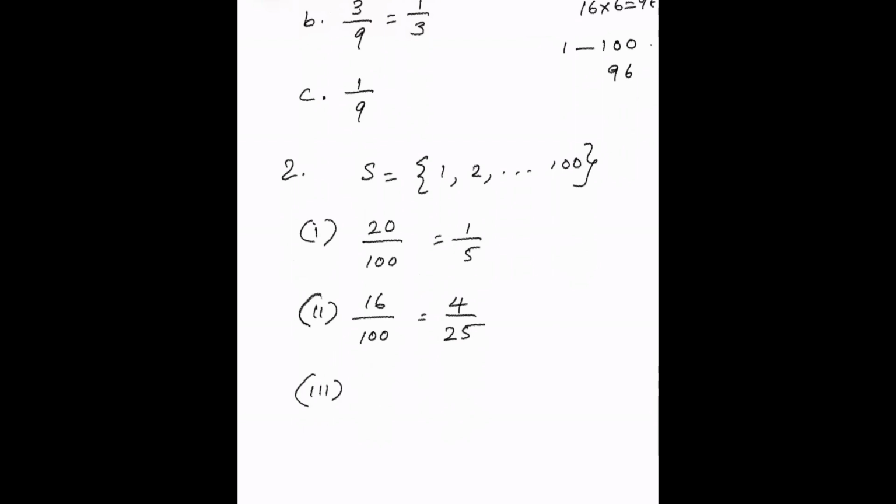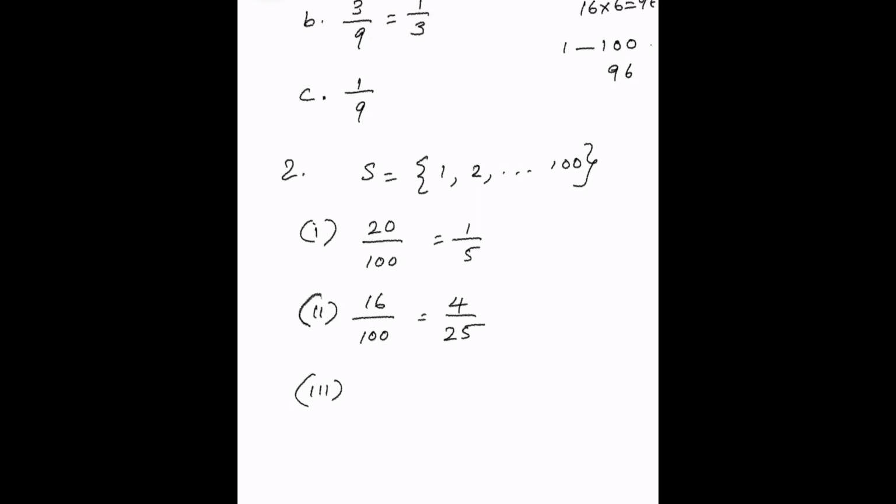Now, the third subdivision is between 40 and 60. How many cards are there? 19. When you say between 40 and 60, you don't need to include those numbers.